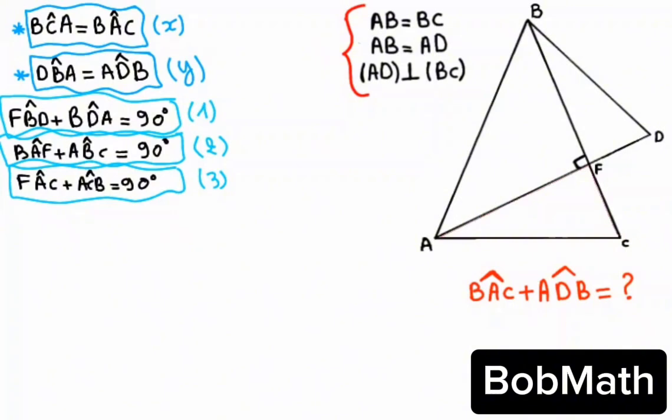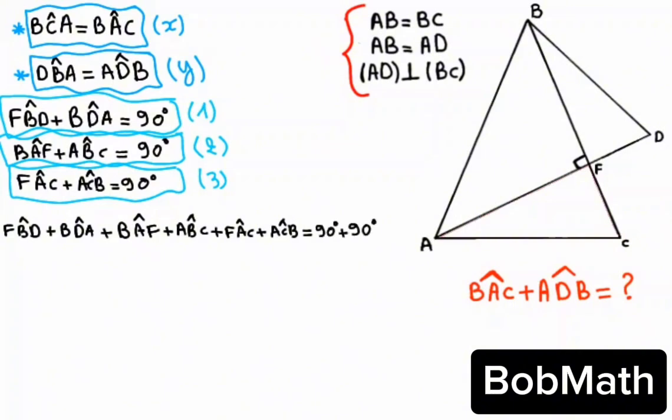Now we add these equations 1, 2 and 3 side by side. So we get angle FBD plus angle BDA plus angle BAF plus angle ABC plus angle FAC plus angle ACB equals 90 degrees plus 90 degrees plus 90 degrees.